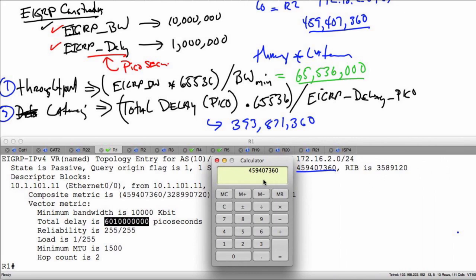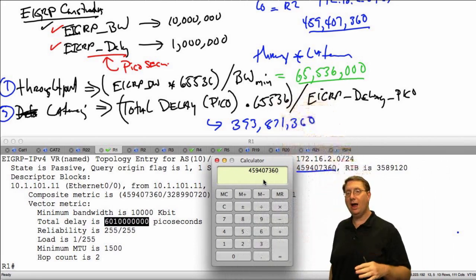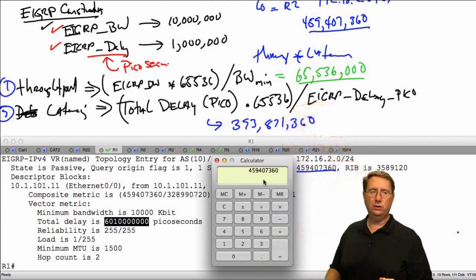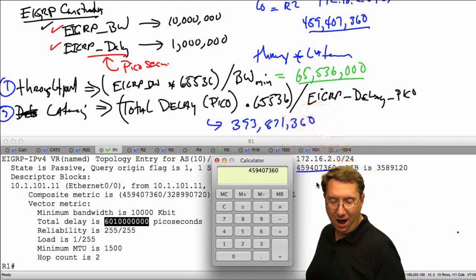Sorry about the math mistake there, but they do happen, and this is why I want to make certain that you actually verify your numbers. I don't know exactly what I did wrong. I'll go back and watch the video and see.